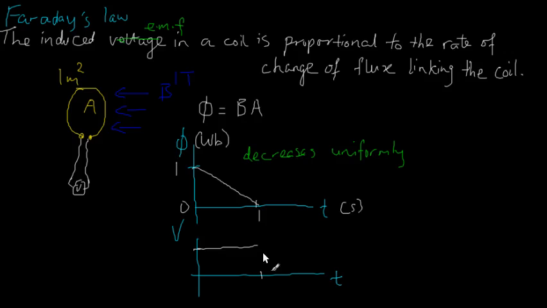If I do that, we can actually find the voltage induced because it's the rate of change of the flux. In this example, I can just take the change in flux in 1 second, which is just 1 Weber, and divide it by the time taken, which is 1 second.